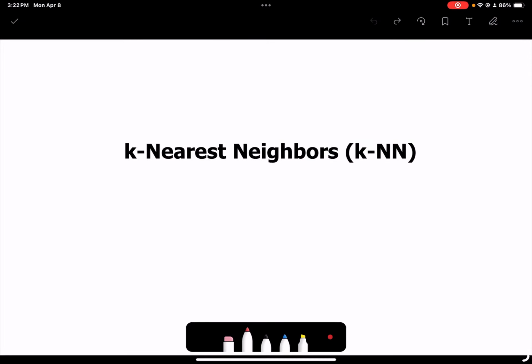Okay, so today we are going to start a lecture on the K nearest neighbor algorithm.